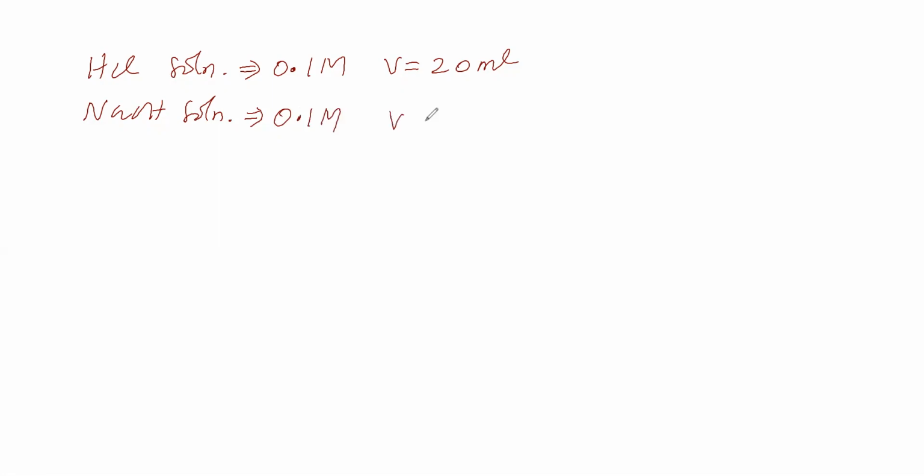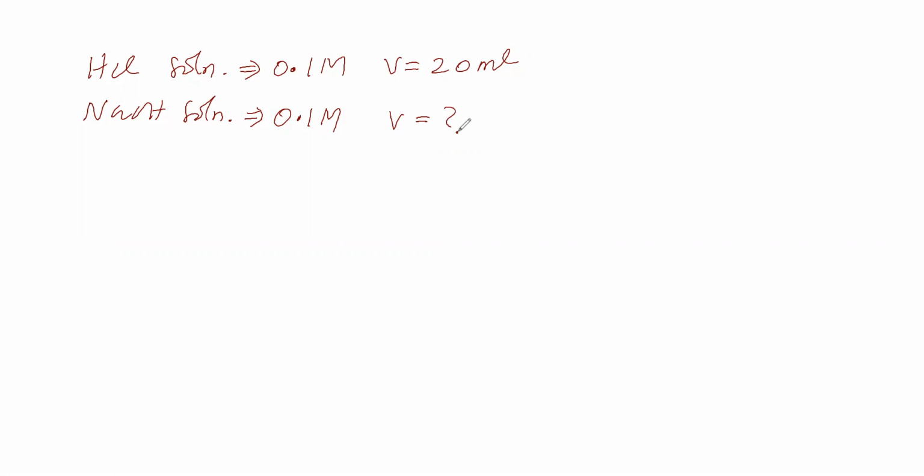The actual concentration of sodium hydroxide solution we have to find, for that case only we are going for titration. Volume is a question mark, because we are adding sodium hydroxide solution from the burette, so you have to see how much you added from the burette.